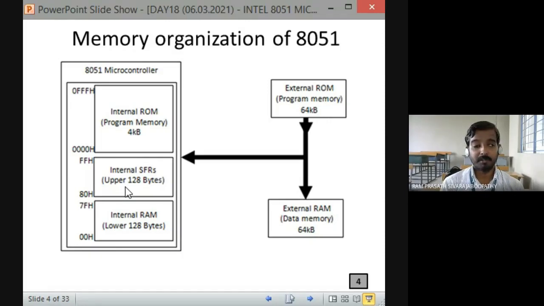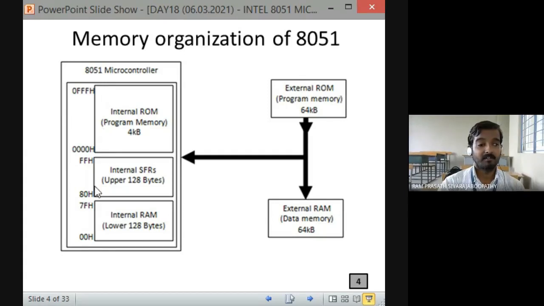On-chip program memory, how many address bits does it have? On seeing this, you can say 0000H to 0FFFH. How many bit address? Danya, whether it is 8-bit? Yes, very good, Dixon. 16-bit address for the internal program memory.